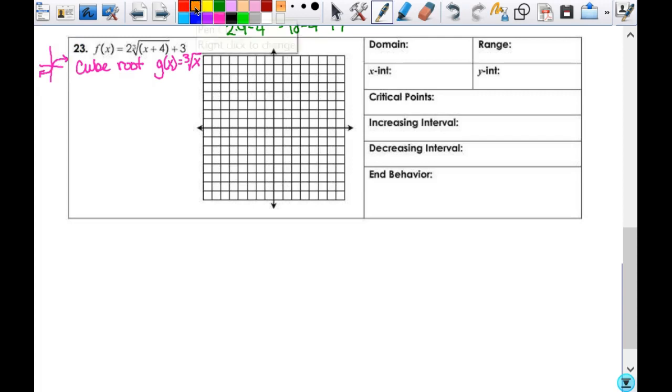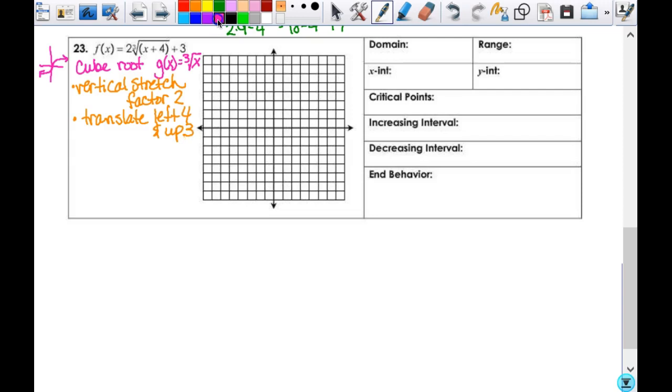My transformations: this 2 is on the outside, so that is going to be a vertical stretch by a factor of 2. And then these are both translations, so we're going to translate left 4 and up 3.